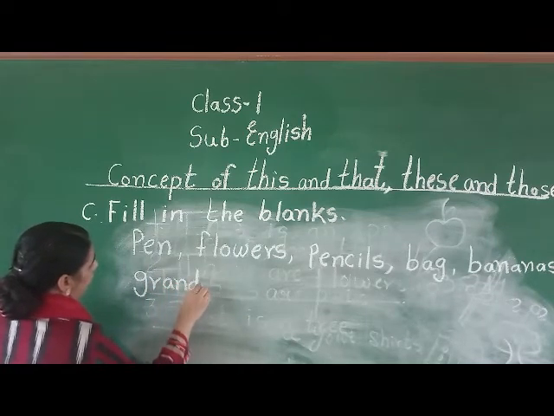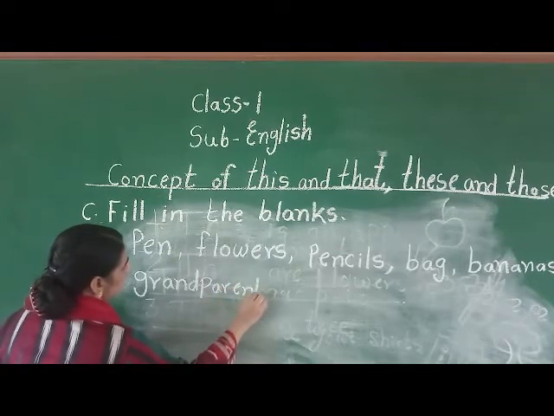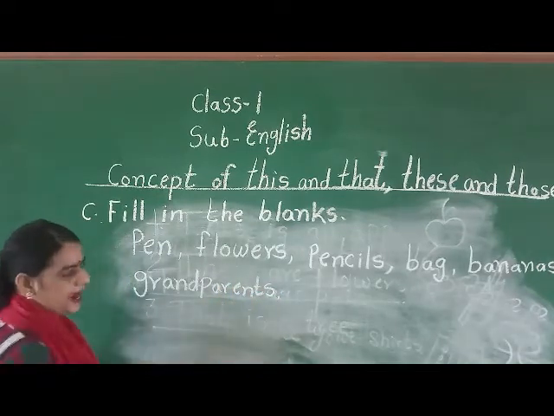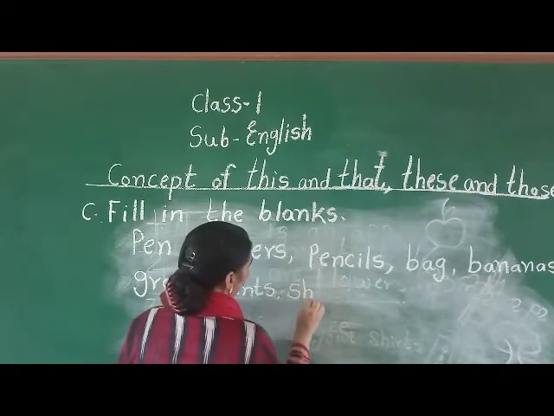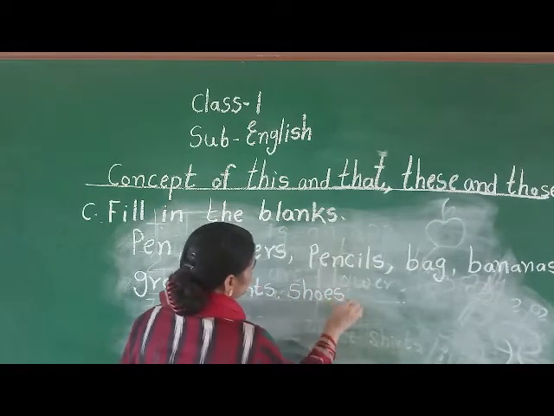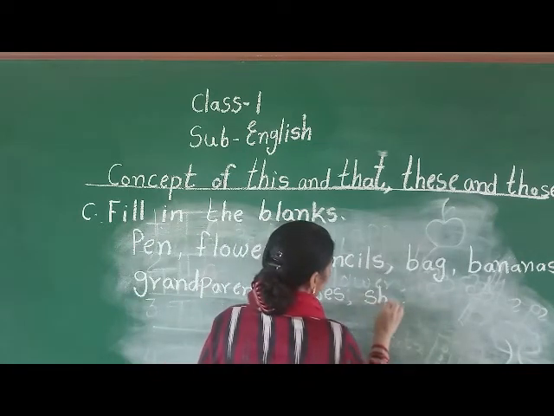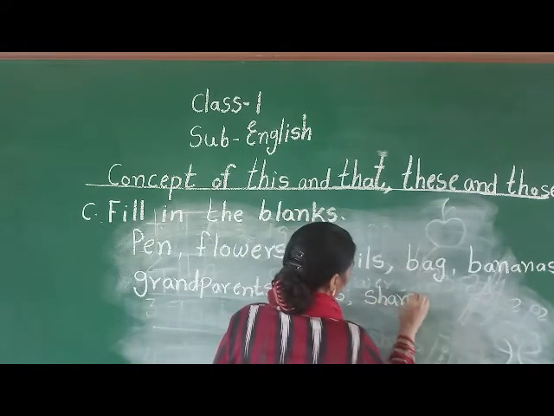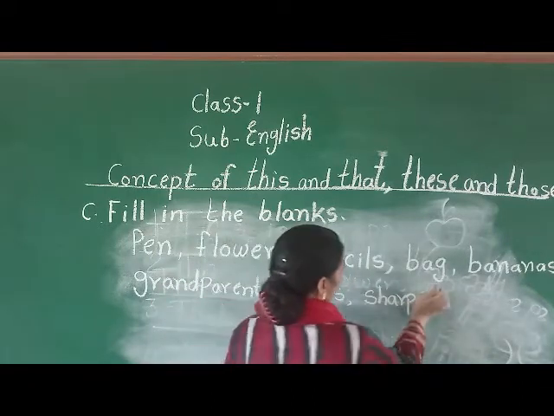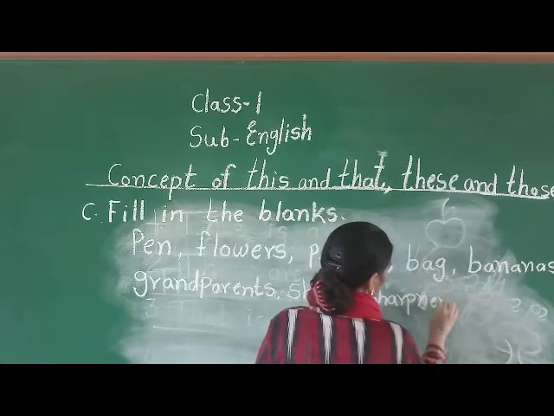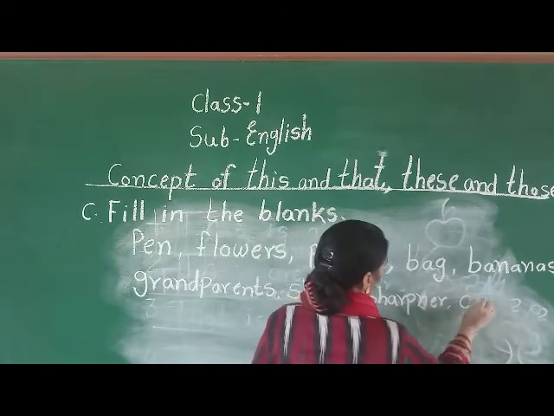G-R-A-N-D, grand. P-A-R-E-N-T-S, parents. Grandparents. After that, shoes. Spelling of shoes. Okay, now after that, sharpener. S-H-A-R-P-E-R, sharp. What is written here? Sharpener. After that, cat. Spelling of cat.